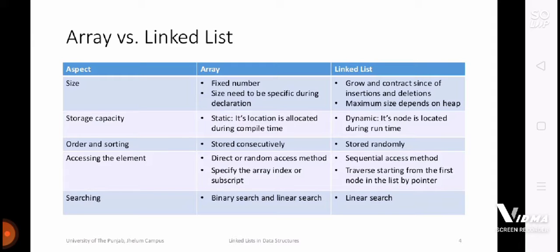Now you can see in the table that an array has a fixed number, right? When we declare an array, we define the size of the structure at the time of declaration. A linked list grows and contracts with insertion and deletion. Maximum size depends on the heap.